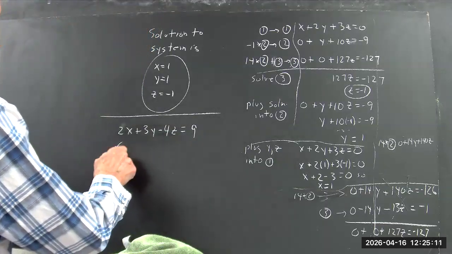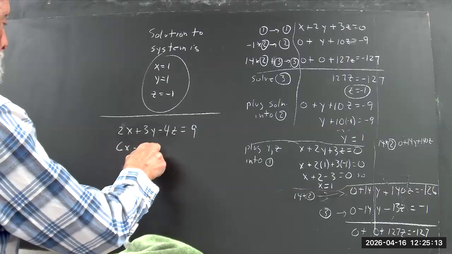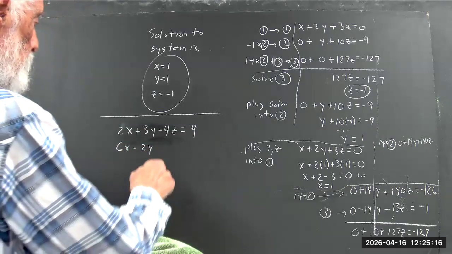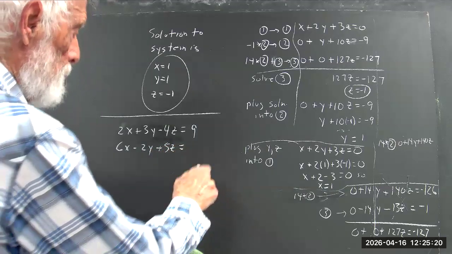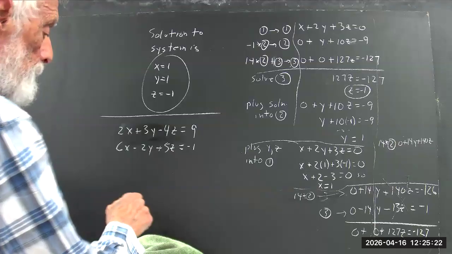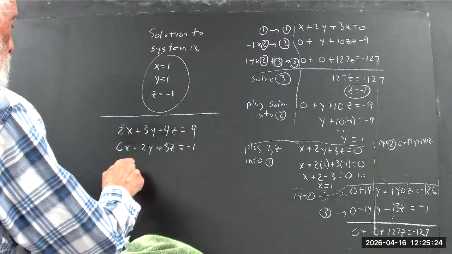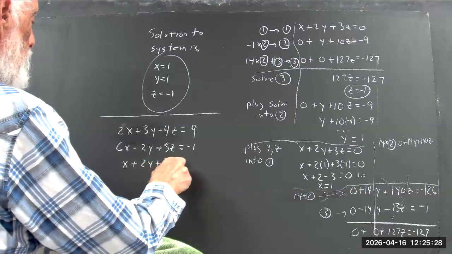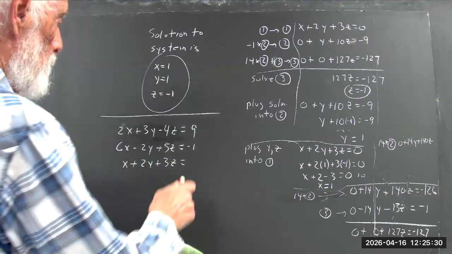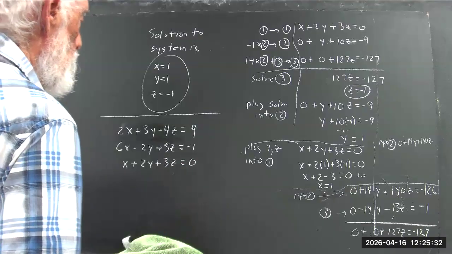Okay. 6x minus 2y plus 5z equals negative 1. And then it was x plus 2y plus 3z equals 0.